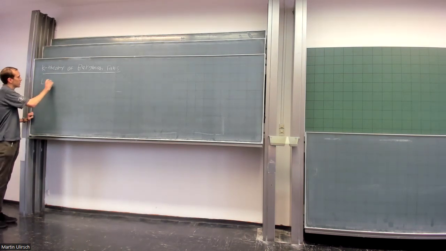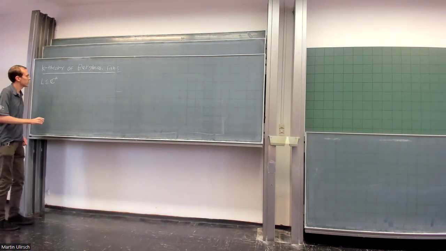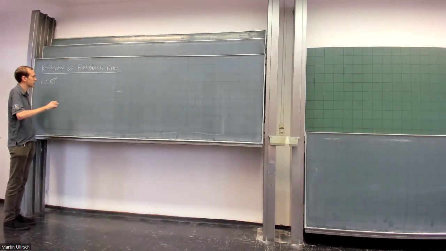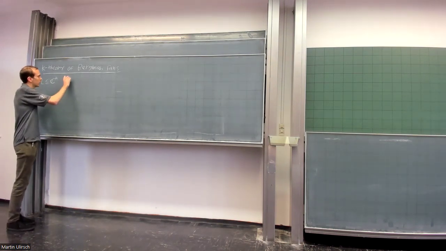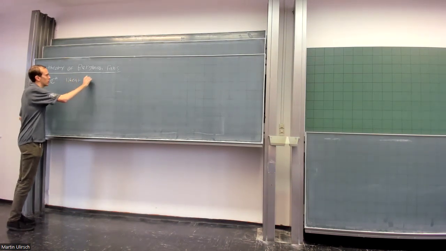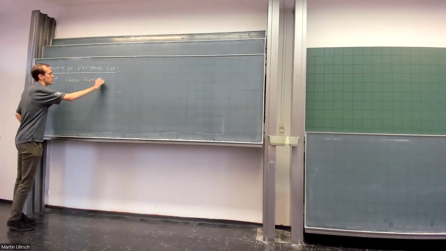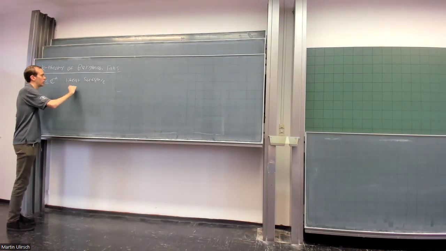The setting is you have some linear subspace L of C^n. It doesn't really matter that it's C. It has dimension r.